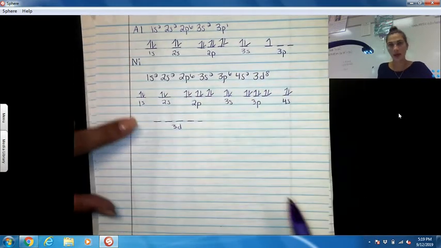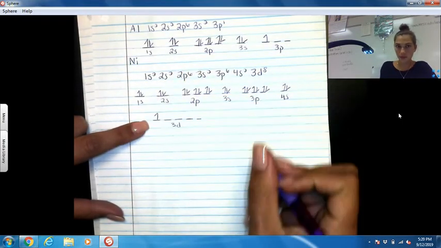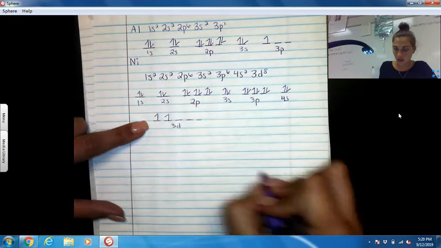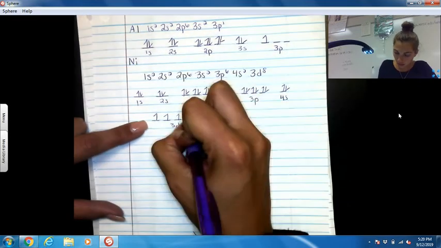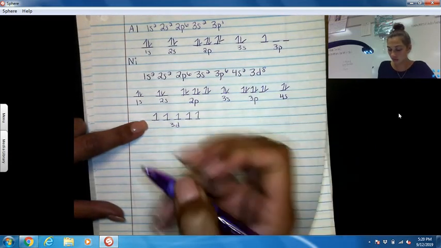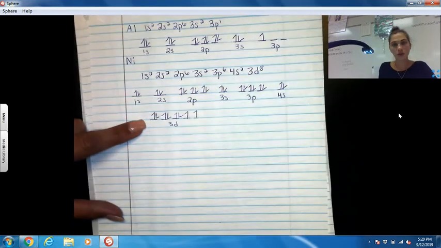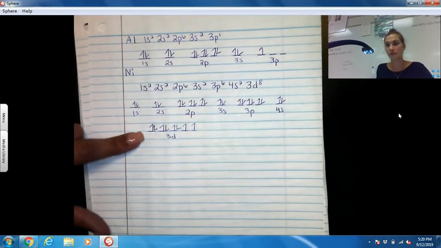Okay, now we get to our D. Now we need 8, so we go 1 up, and we fill across first. Okay, and that's 5, and we need 3 more, so the first 3 orbitals in our sublevel will get additional ones. And that's orbital notation.